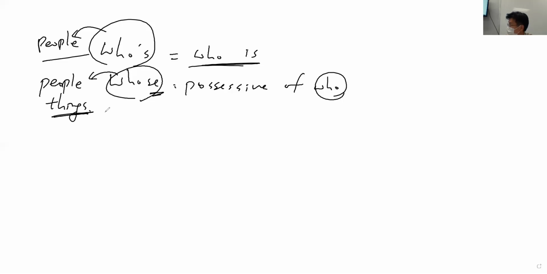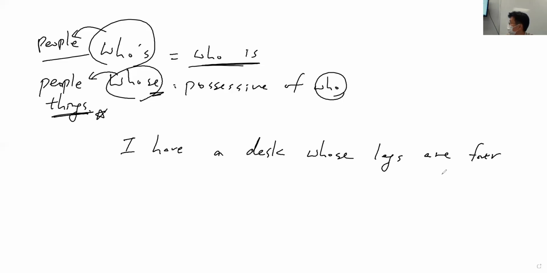So this is an important part, things. Let's say one example: I have a desk whose legs are 4. It sounds weird with a desk and then whose, but it still makes sense. That's one thing that you have to know.